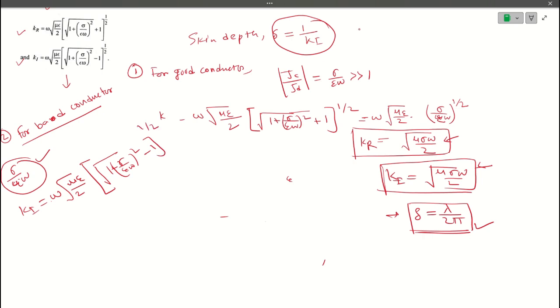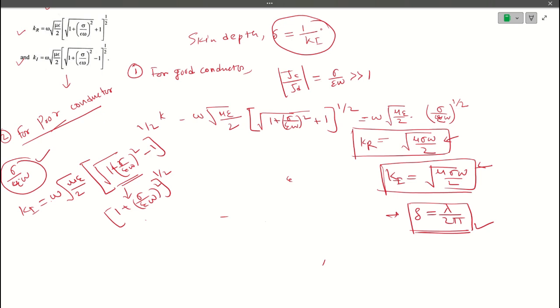So we can expand this term. Basically this is 1 plus sigma by epsilon omega whole square, to the power half. Since it is for poor conductor, sorry for the mistake, sigma by epsilon omega is smaller than 1.